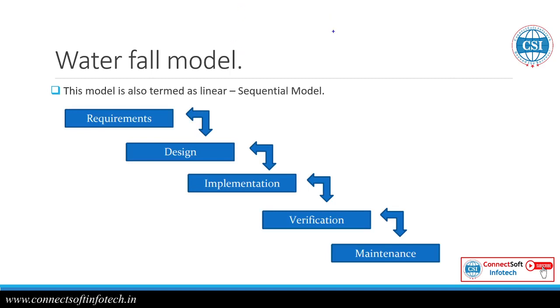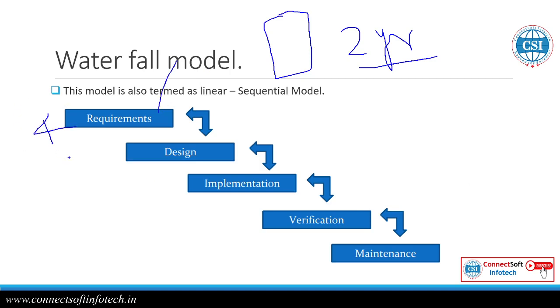You are developing an e-commerce application, and that application has a 2 year schedule for development, because we are delivering this e-commerce application to the client after 2 years. In this 2 years we spend 4 months on requirements, 4 to 5 months on designing.